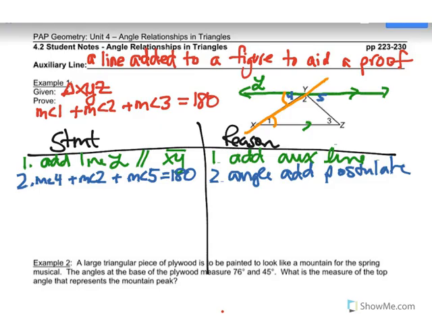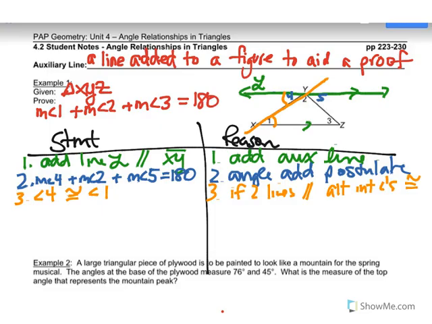Because if these two lines are parallel and they're cut by a transversal, then the alternate interior angles are congruent. So let's do angle 4 is congruent to angle 1. And we're going to say if two lines are parallel, alternate interior angles are congruent, right? So that should help you know what to do for the next one.